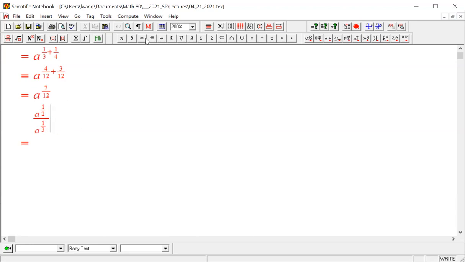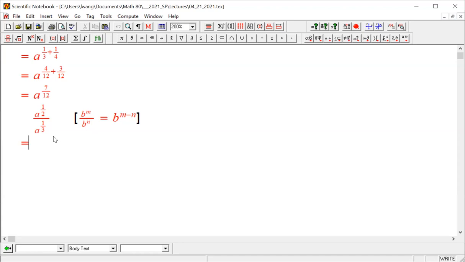And this obviously is the scenario of b raised to the power m divided by b raised to the power n, whatever, it doesn't matter, just symbols, equals b raised to the power of m minus n.